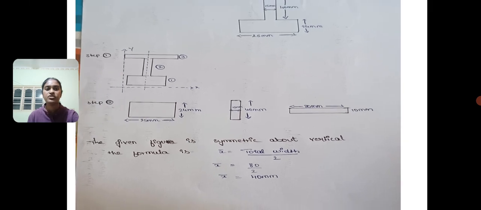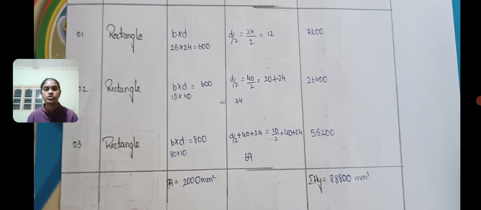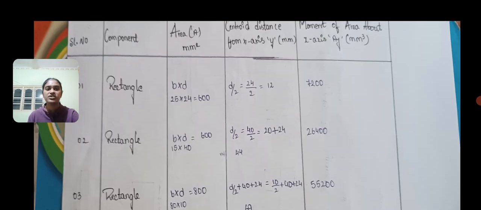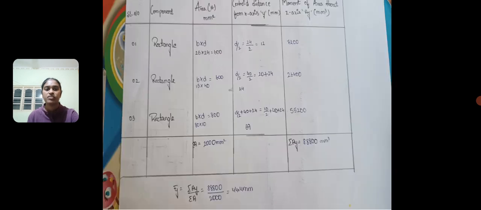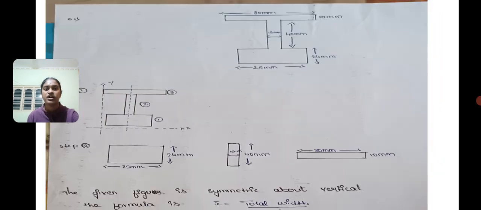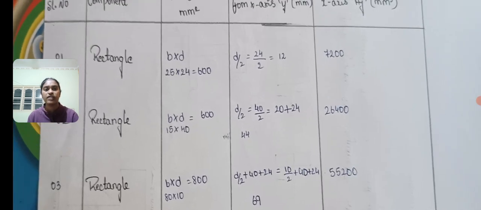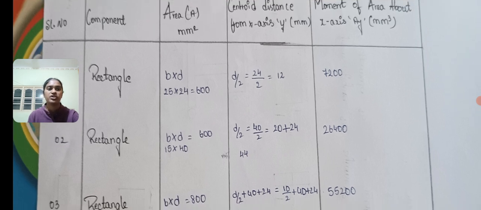Here, 25 into 24 is 600, and similarly the centroid distance from the x-axis is d by 2, since it is at the origin on the x-axis, we don't add any values, so directly apply d by 2, where 24 by 2 is 12. To find ay, we multiply area and centroid distance from the x-axis, which is 7200.